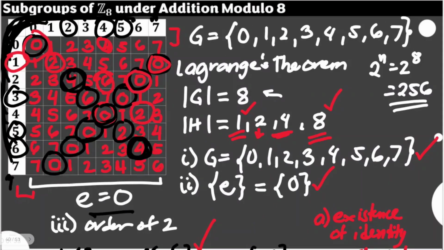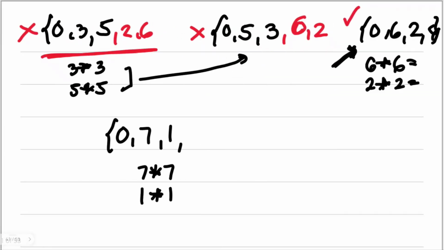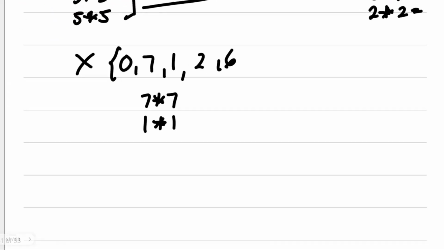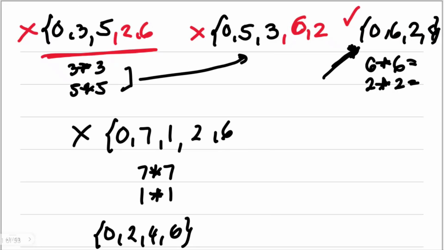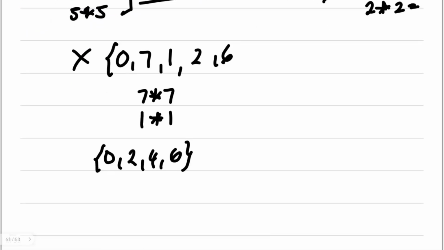You will get 7 star 7 is 6 and 1 star 1 is 2. So you will be adding here 2 and 6. Still drop that because it's no longer order of 4. So in short, for order of 4, our subgroup is 0, 2, 4, and 6. Similar to that, just simply written differently. So this is our subgroup in order 4.